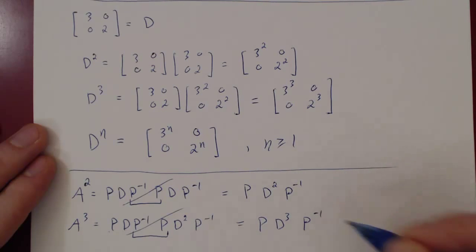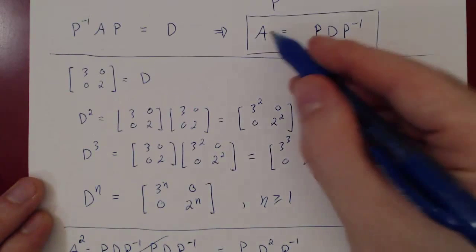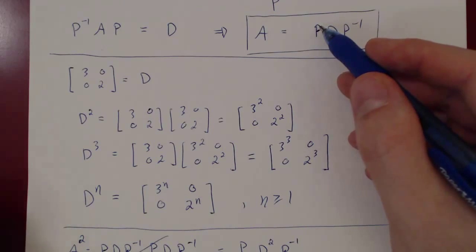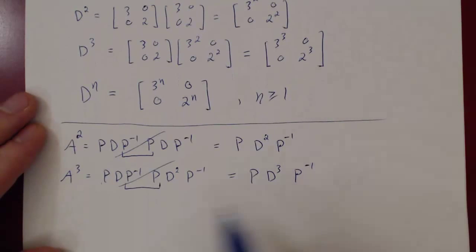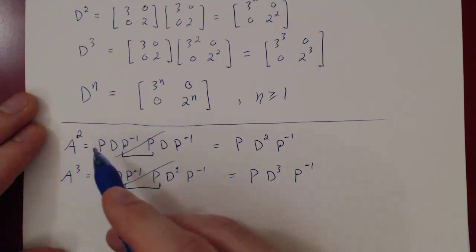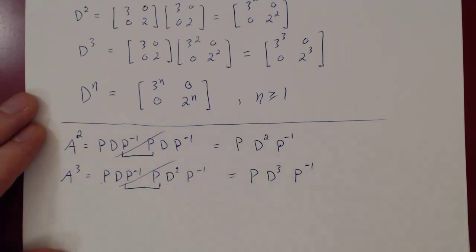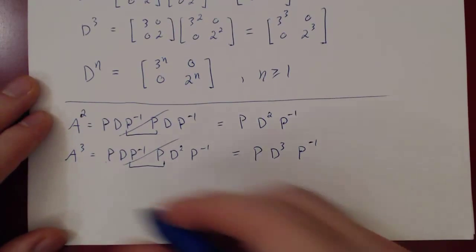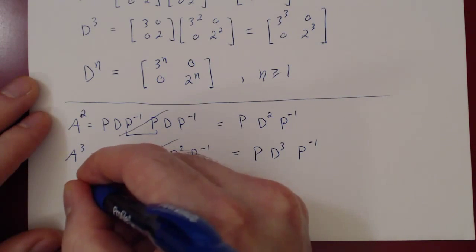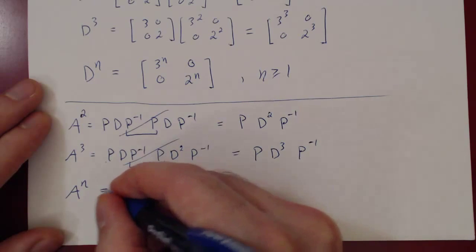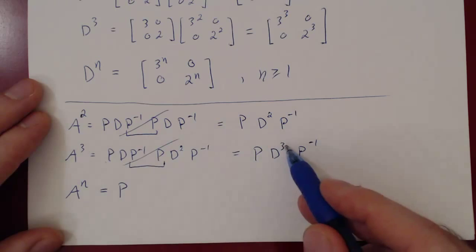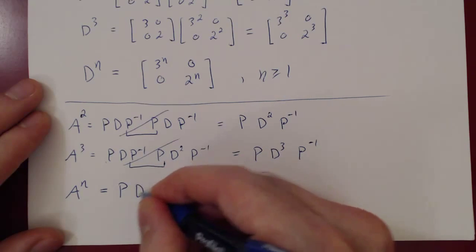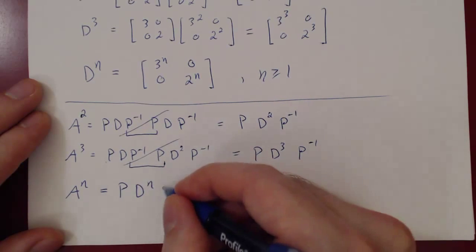So you see that A cubed is P D cubed P inverse. And you can extend this for A to the fourth, A to the 5, A to the 6, any given power. So if you said, well, what's the nth power of A for any n, it will simply be P D to the n P inverse.